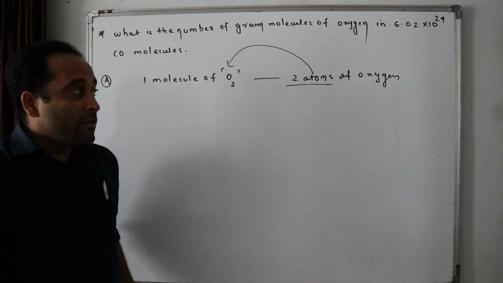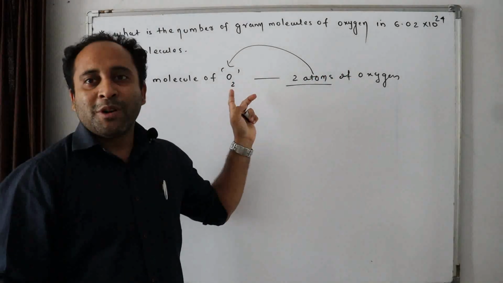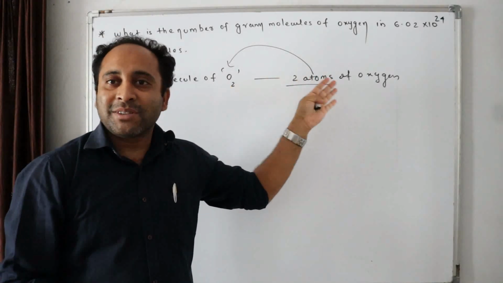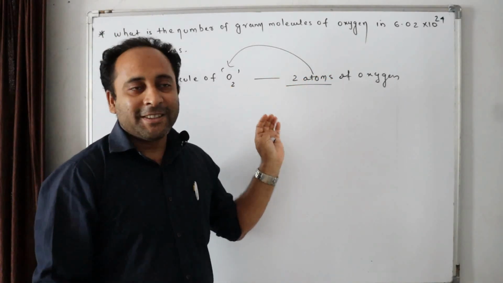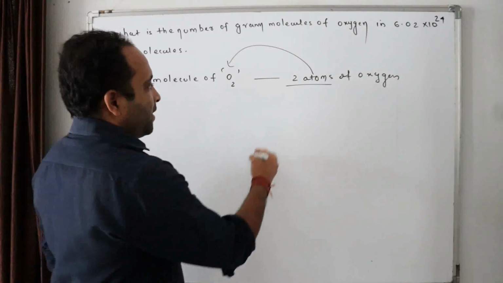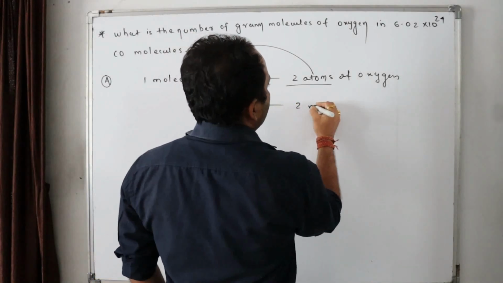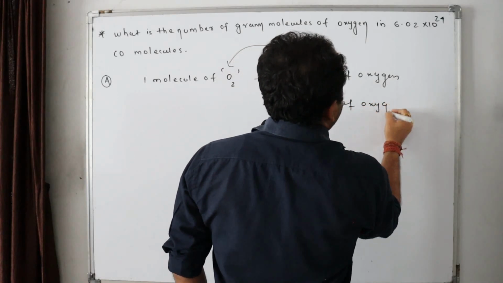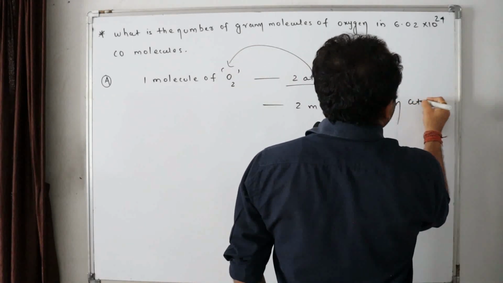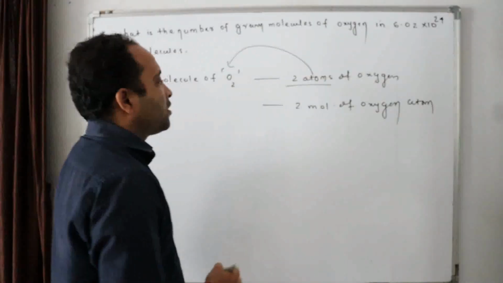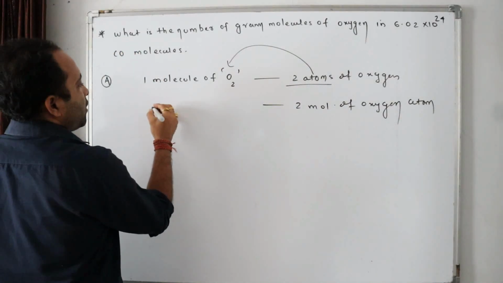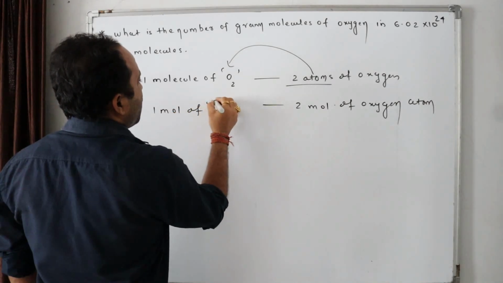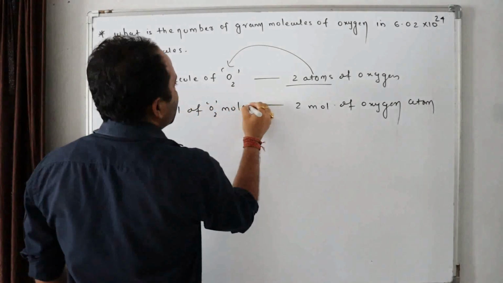Concept clear? If I give you four atoms, two molecules. 8 atoms, 4 molecules. 10 atoms, 5 molecules. Now if I say 2 moles of oxygen atom, this will be 1 mole of oxygen molecule, isn't it?